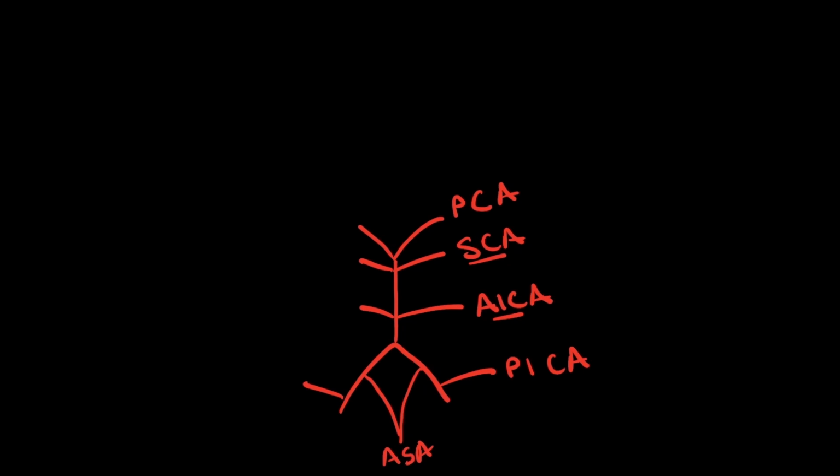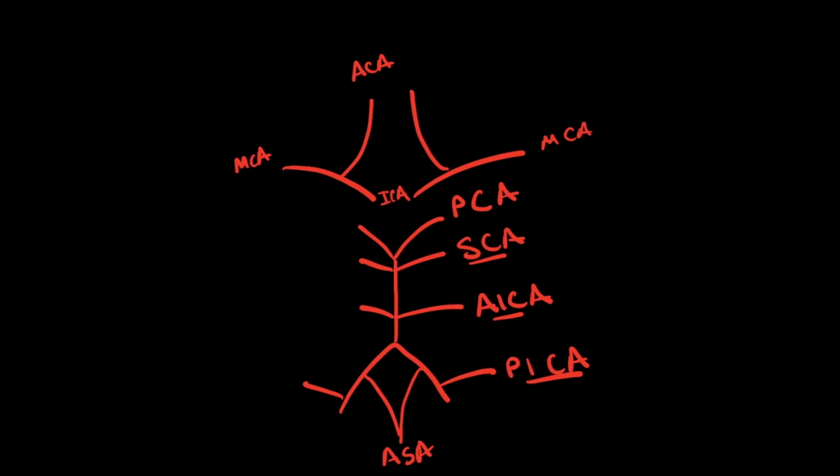So these three are your cerebellar arteries. The posterior cerebral artery goes with the middle cerebral artery and anterior cerebral artery in terms of organization. Now, for the top part of the circulation, you have your middle cerebral artery, which comes off of your internal carotid artery. Off the middle cerebral artery comes the anterior cerebral artery.